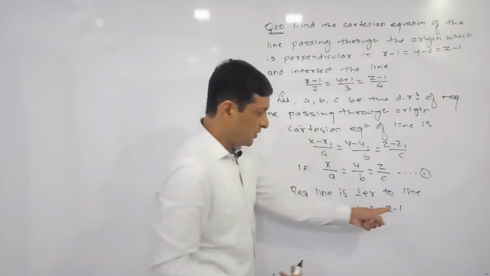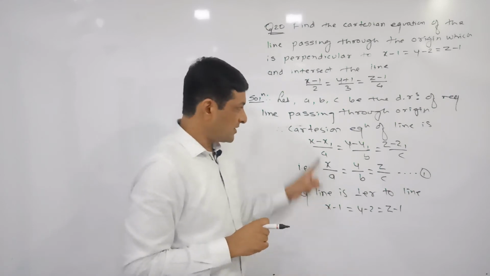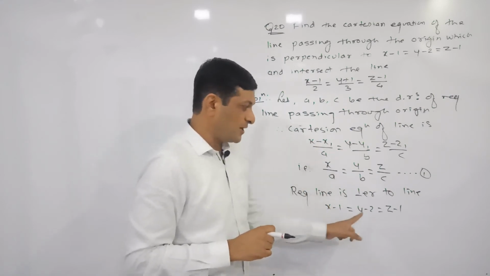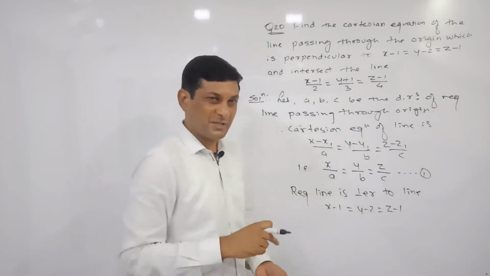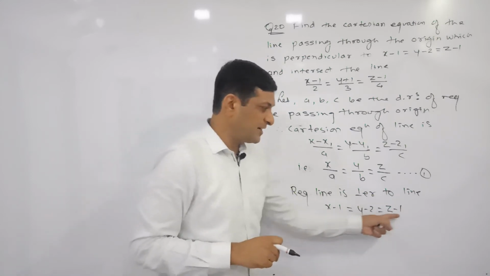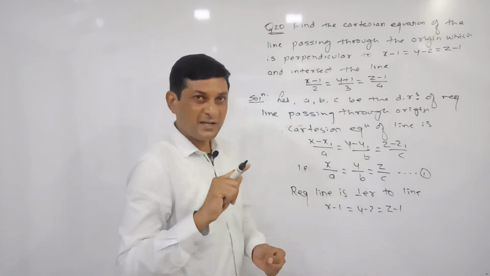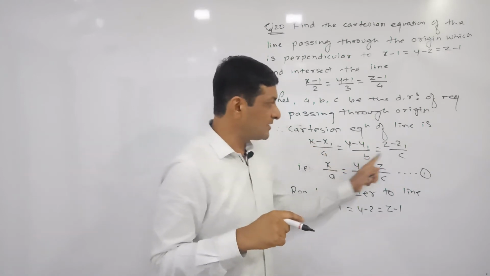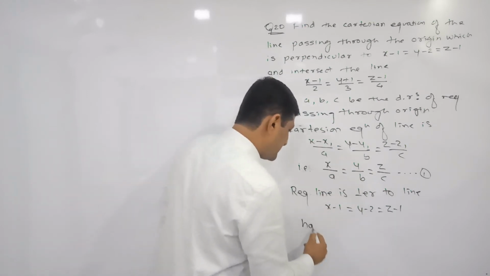You will observe this equation is in Cartesian form, in the form (x minus x1) upon a is equal to (y minus y1) upon b is equal to (z minus z1) upon c. But nothing is there in the denominator, which means the denominators of all three terms are 1, and the values in the denominator are nothing but the direction ratios.